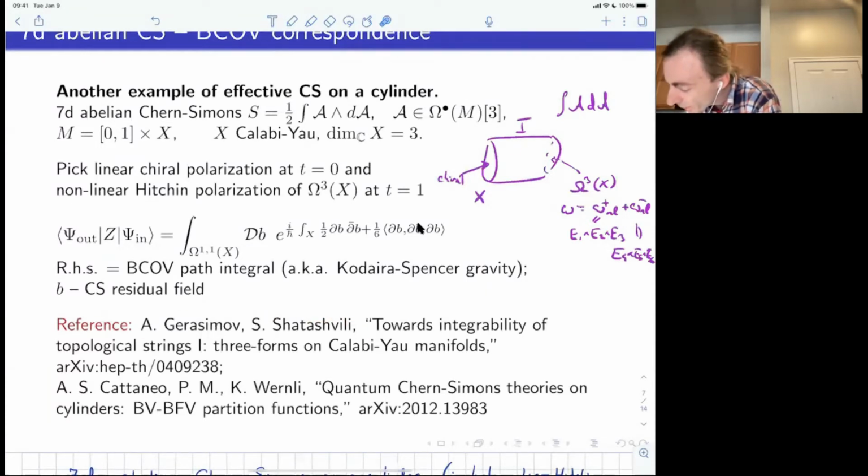If you consider the effective action for the abelian Chern-Simons with these polarizations, then you get a model which is essentially related to so-called Kodaira-Spencer gravity, or BCOV theory, Bershadsky-Cecotti-Ooguri-Vafa theory, where the field will be again a residual field along the interval, which will now be a (1,1)-form on X.